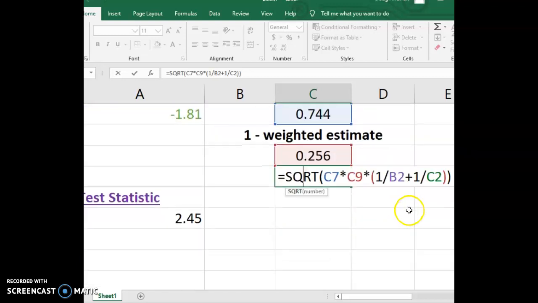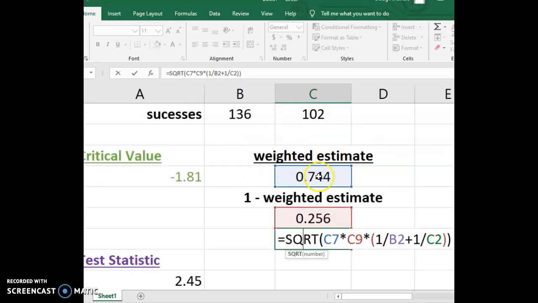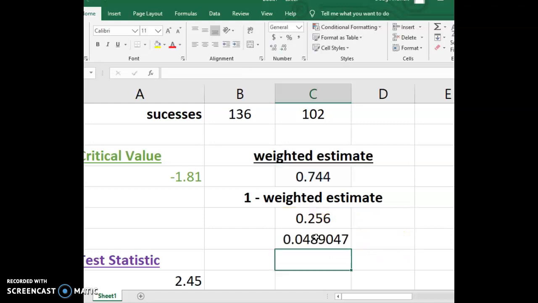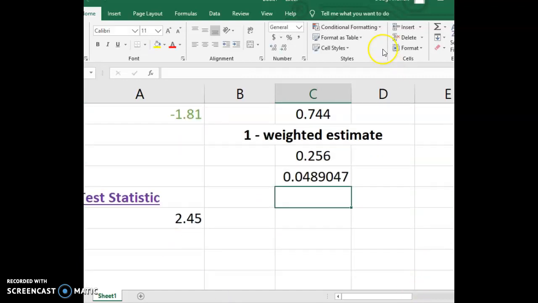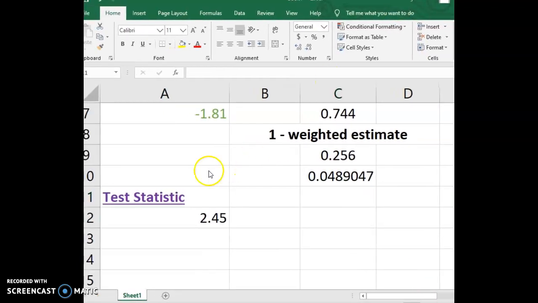That B2 and C2 were my sample sizes. So add those together, and that result, you're multiplying it by p-bar and multiplying it by q-bar. The square root of that entire thing. That's what goes on the bottom as we calculate our test statistic.